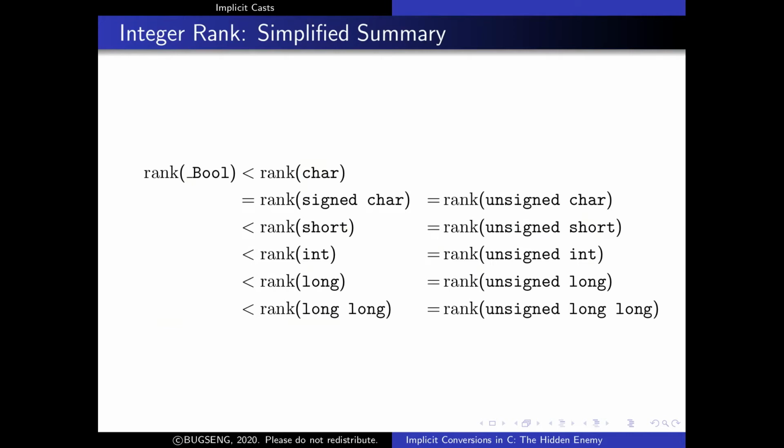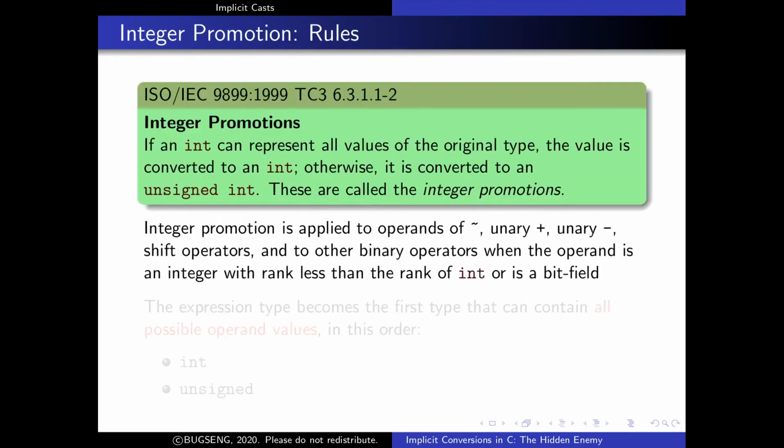Char, signed char, and unsigned char have the same rank, which is strictly less than the rank of short. Notice that the signed and unsigned versions of a type always have the same rank, so the rank of short is equal to the rank of unsigned short. The rank of short is less than the rank of int, which is less than the rank of long, which is less than the rank of long long. This is the first concept we needed.